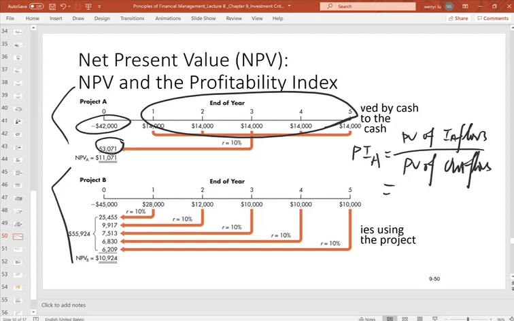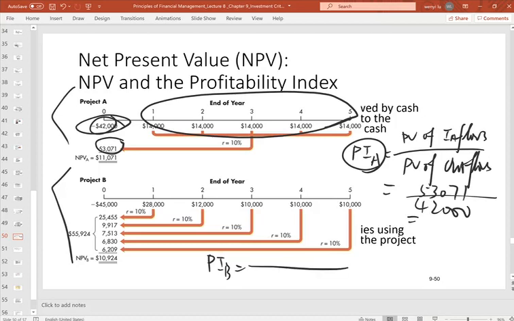That's 53,071. The PV of outflows is here, 42,000. You can solve the profitability index for project A. For project B, the PV of inflows will be this one, 55,924, over the outflows, 45 thousand. You solve the PI for the B project.